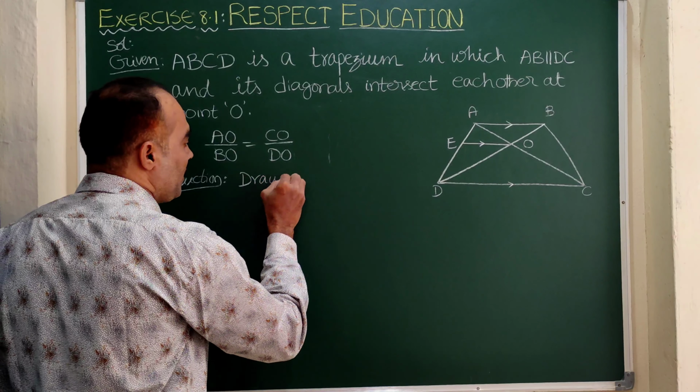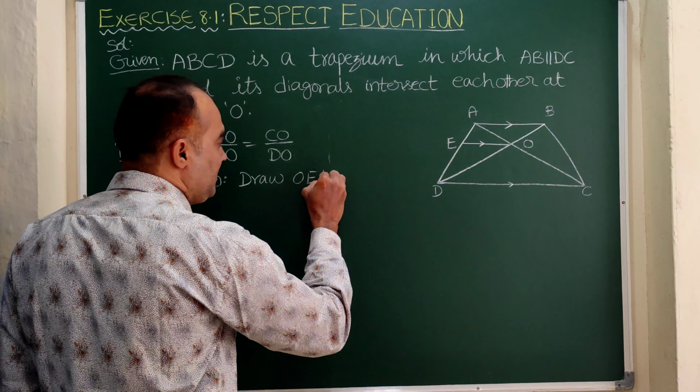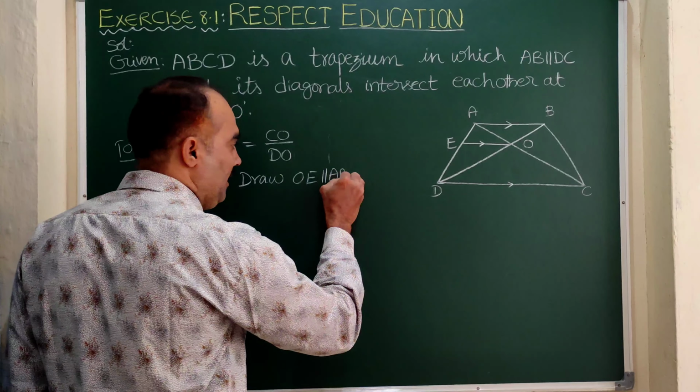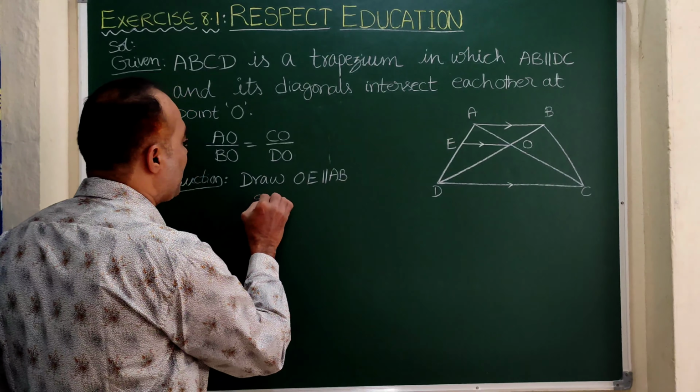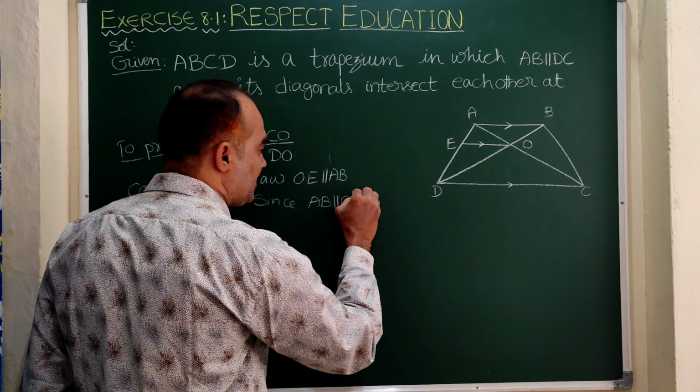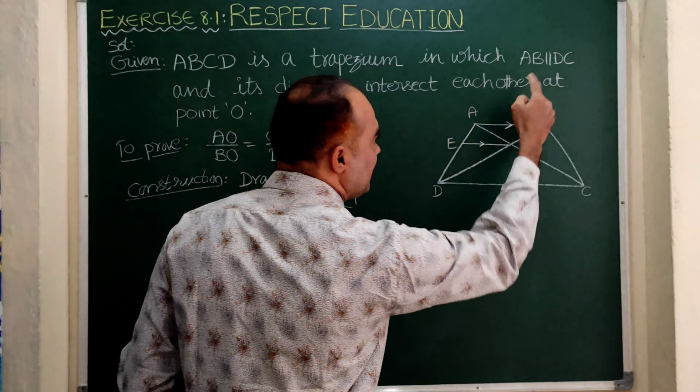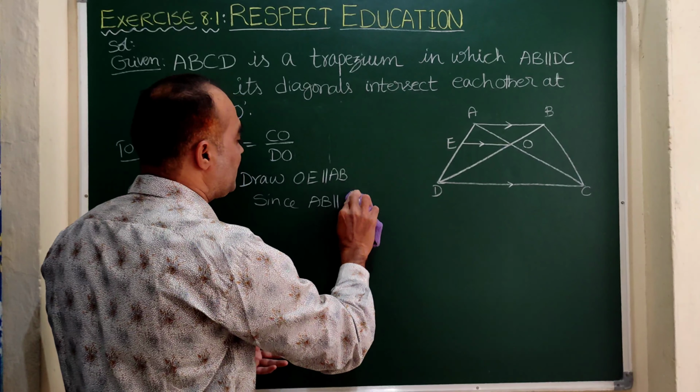Draw OE which is parallel to AB. Since AB is already parallel to DC, let us write here the given thing, DC. So let us mention the same.